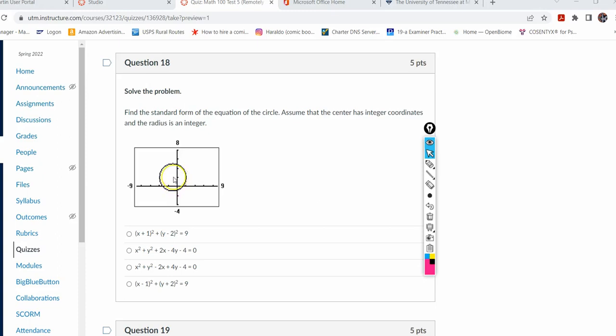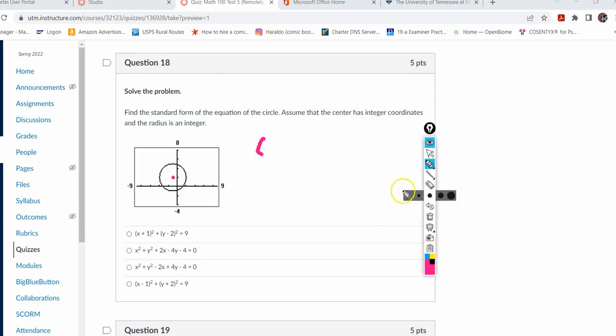Here. So it looks like I have the center about there. Okay, well, why isn't that marking? Oh, looks like my center is about there. Okay, so if the scale is 2, this looks like the center is at -1, comma 2.